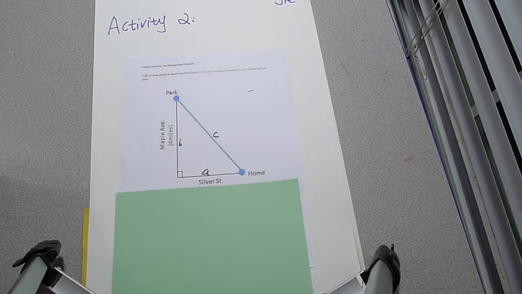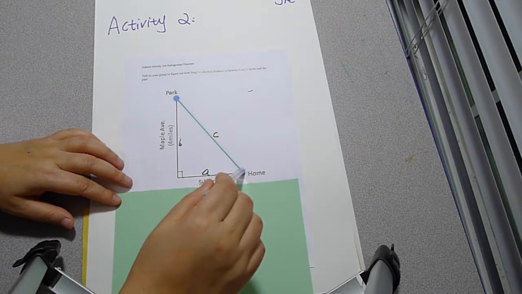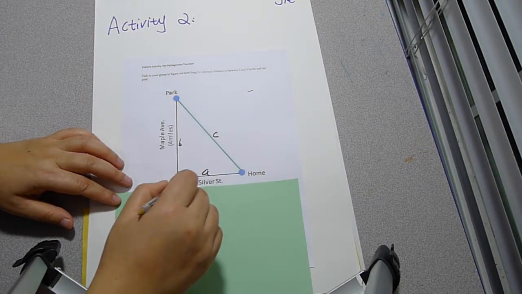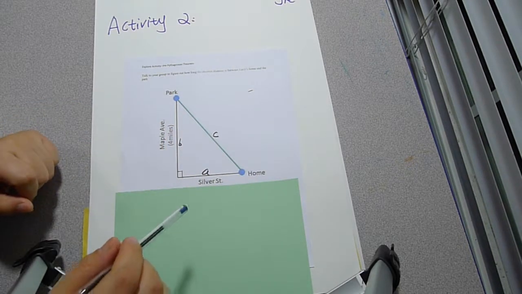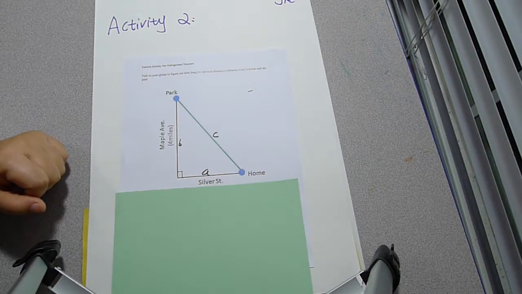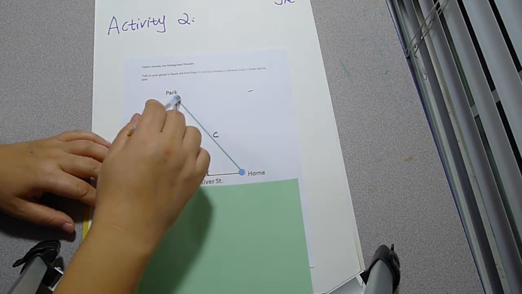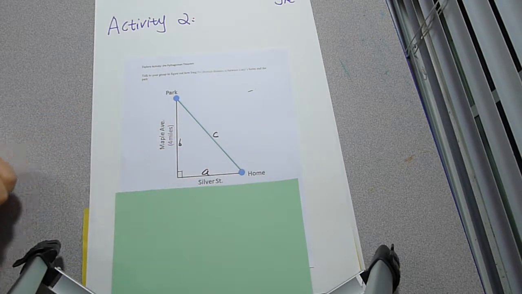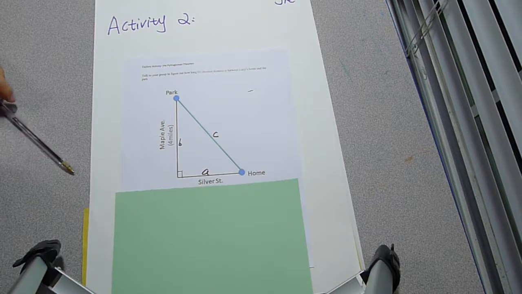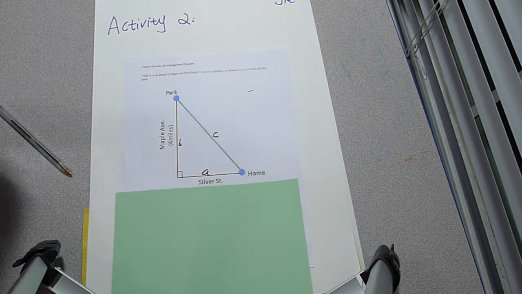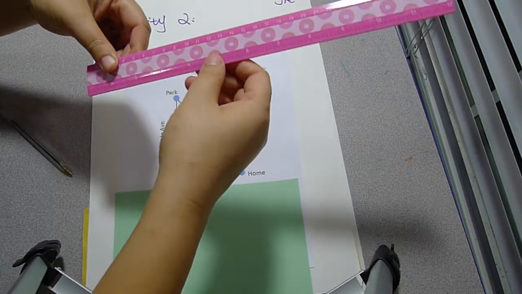If they know the length of one side and the length of the other side, and they also know this is a right triangle, can they figure out the distance here? Students are going to have 30 seconds to talk about it. After that, I will suggest they can use a ruler to get the measurements.